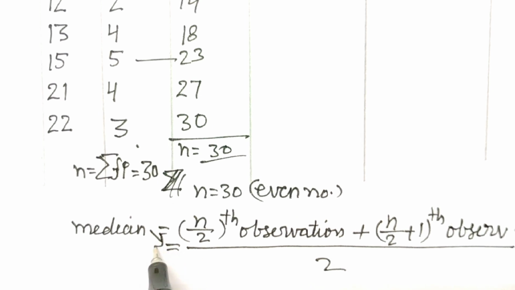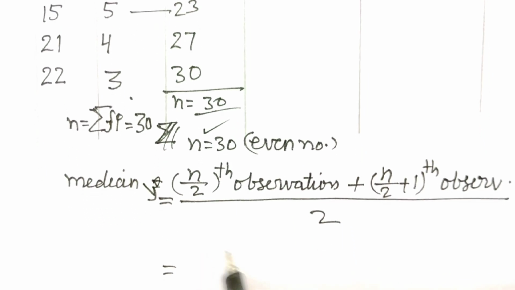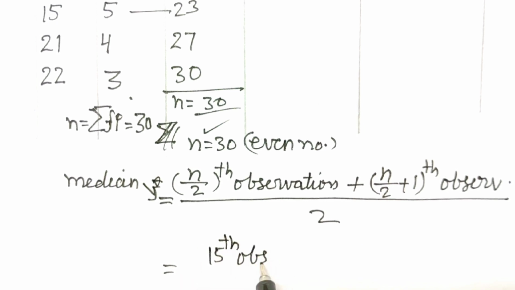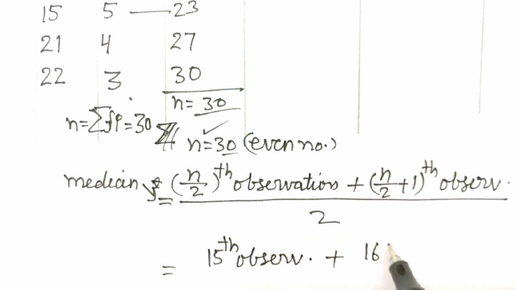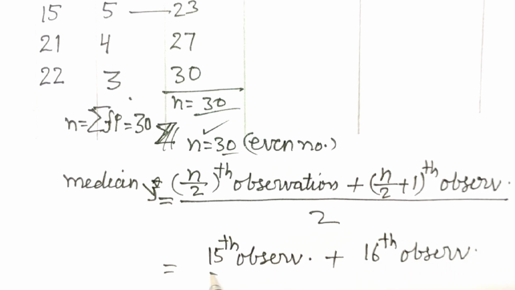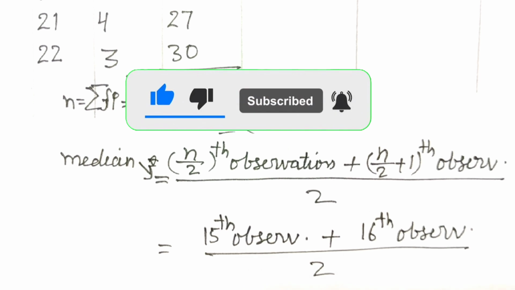Now n is 30, so 30 by 2 is the 15th observation, plus the 16th observation, over 2.